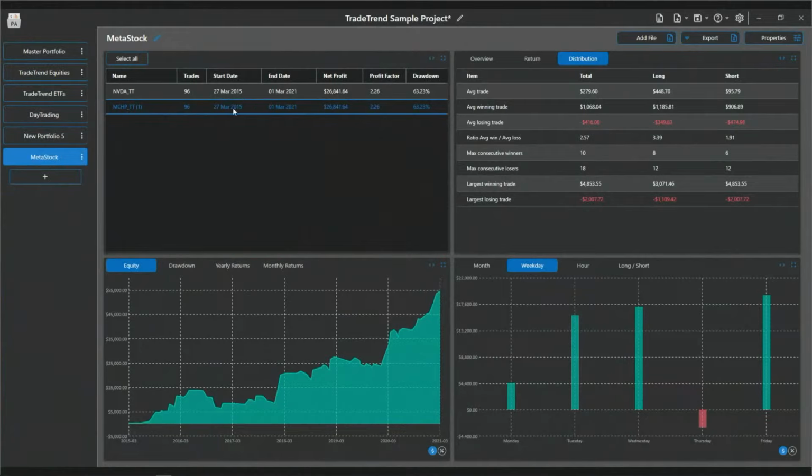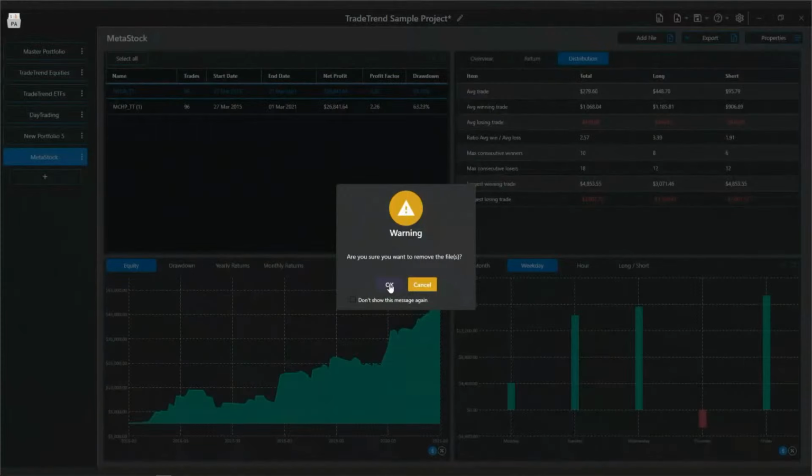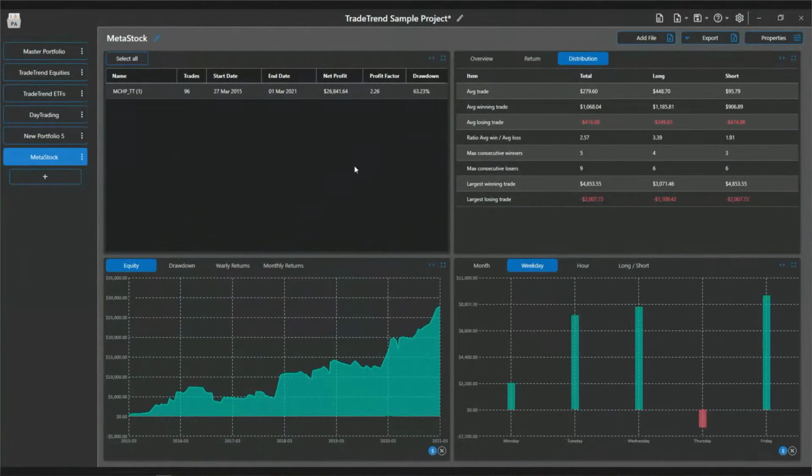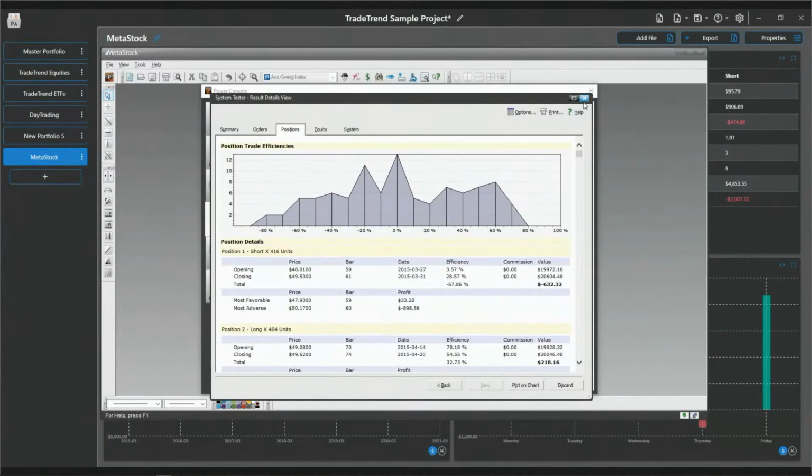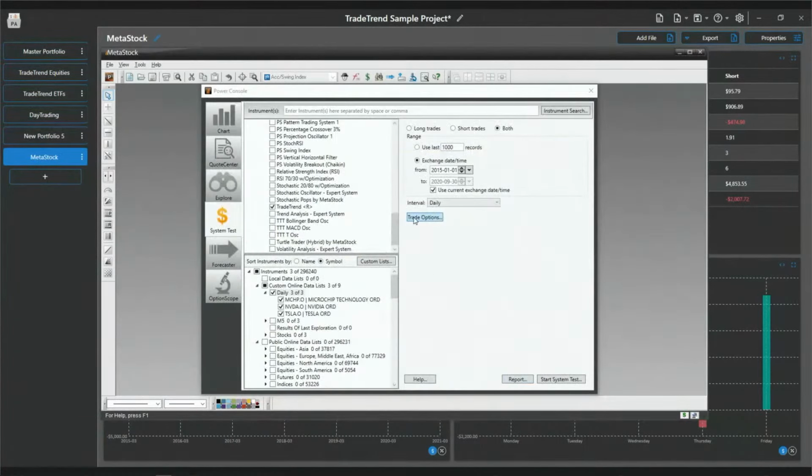Nope. What happened? Oh, I know what happened. My apologies. The first backtest I performed was also MCHP. That's why it's listed with the same numbers here. So let me quickly take this out. I apologize for this, but this is Murphy's rule of performing a live demonstration.